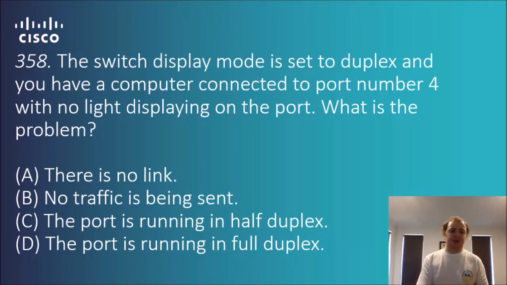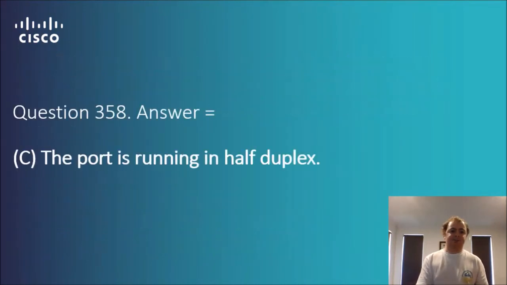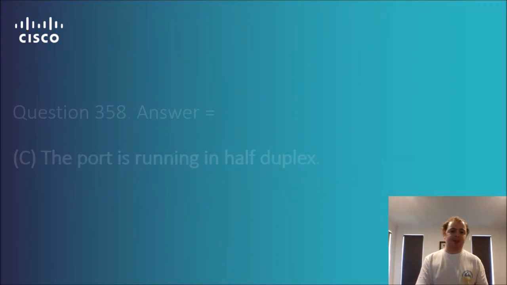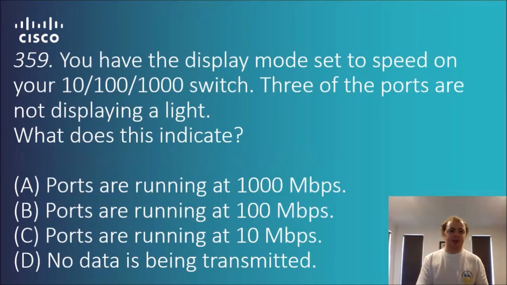That leaves us with the other three. No traffic being sent, I think that's probably wrong as well, as you can still do stuff, it doesn't mean traffic has to be happening. No light, so it gives us A and C, and the answer for this one is C. The port is running in half duplex, so that's what it does when there's no light.